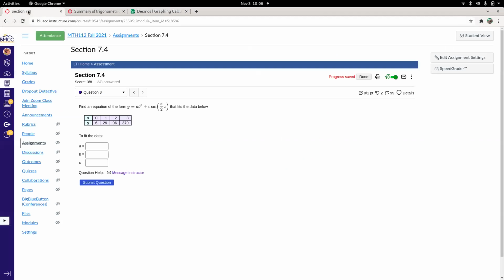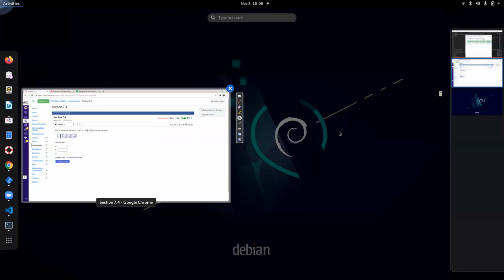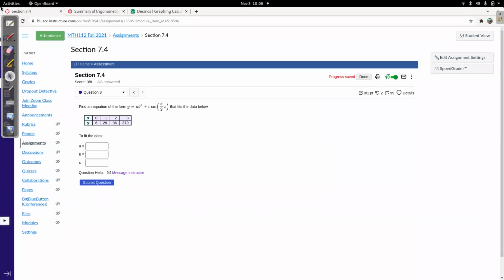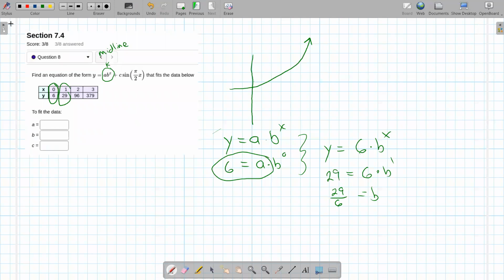So let's see. If this is a sine function and it's increasing, what else am I missing? Let's go to the graph or the notes. So what I found was I assumed that the exponential went through these 2 points and it doesn't, because I'm not hitting those right there.